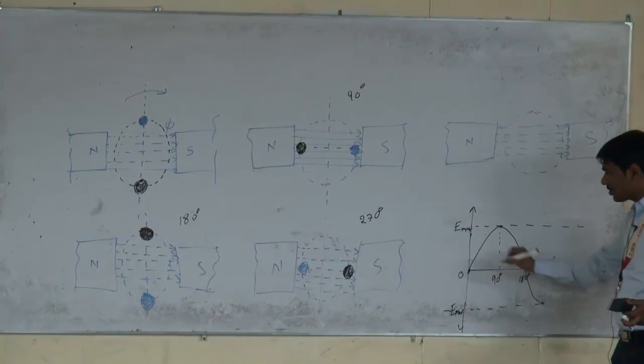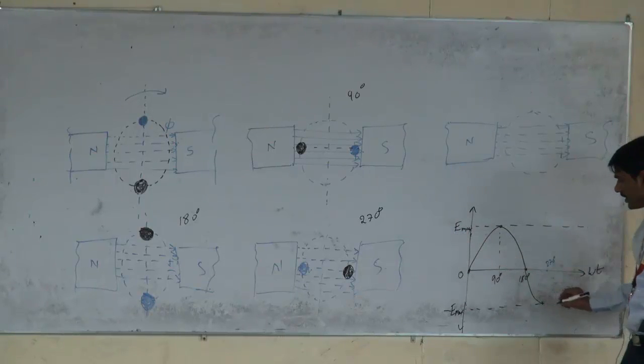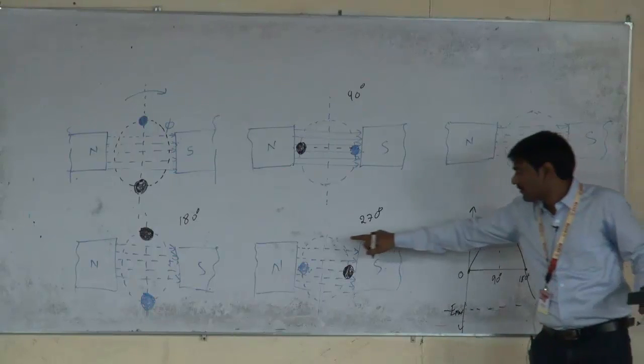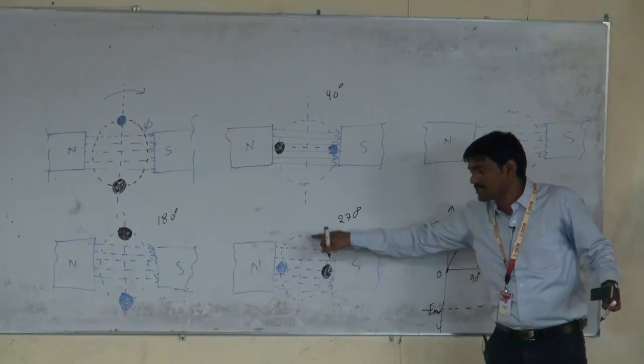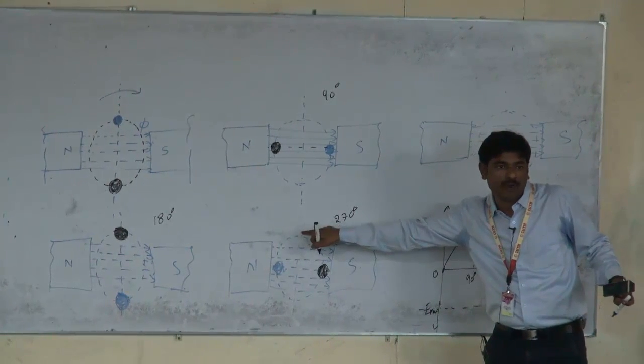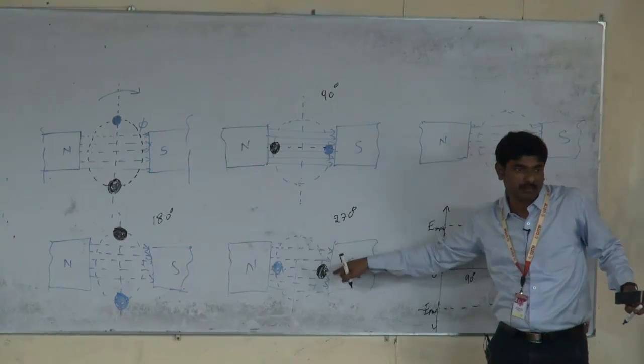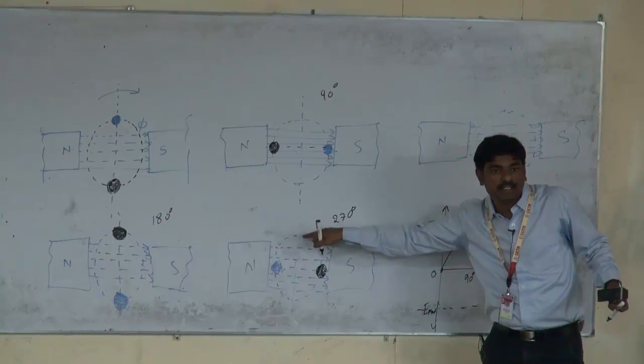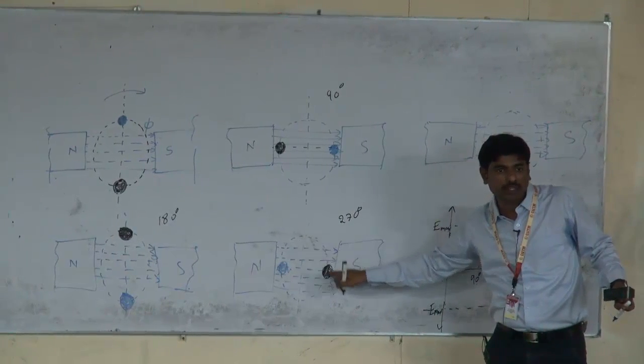When the conductor is rotating from 270 degrees to 360 degrees, the direction is the same. From 180 degrees to 270 degrees, it is cutting the magnetic flux from upwards to downwards, the direction is the same. From here to here, the effect of flux on the conductor increases.